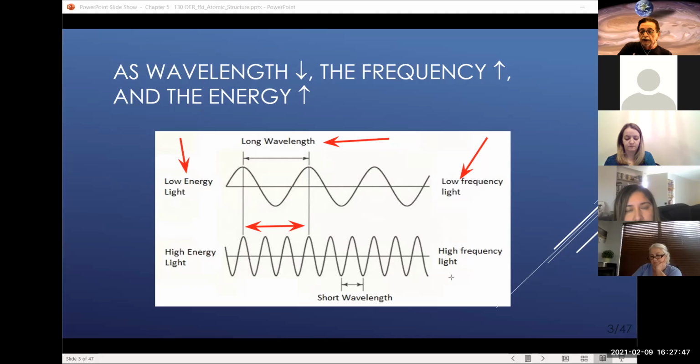So it would have a high frequency compared to the long wavelength that has a low frequency. So low energy implies long wavelengths and low frequency. High energy light, short wavelengths, high frequency.